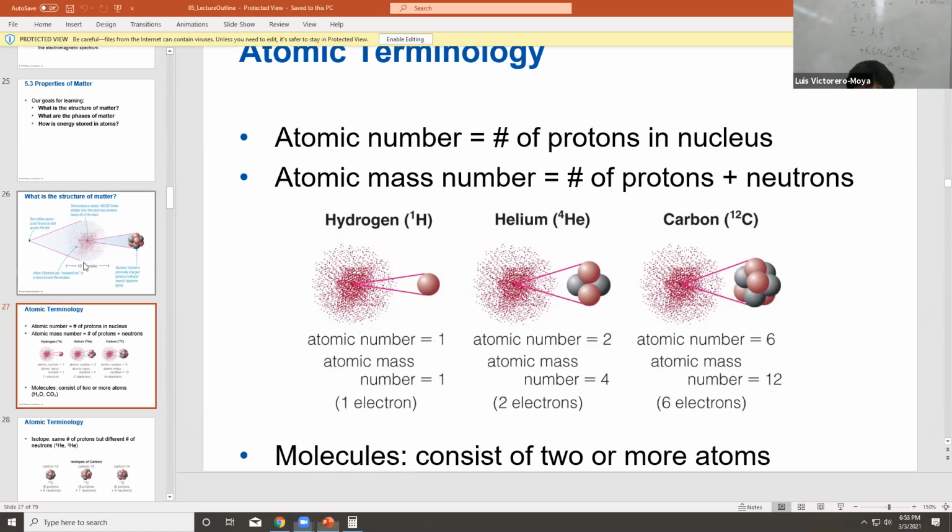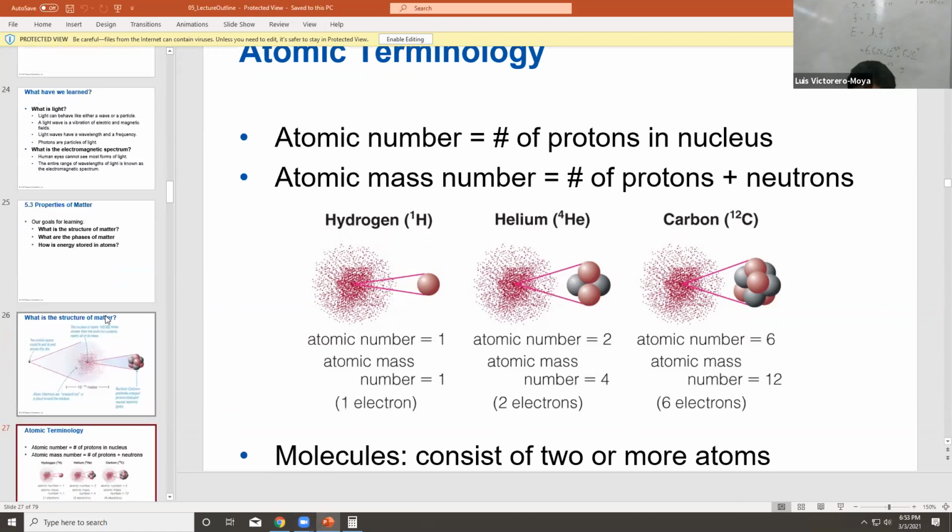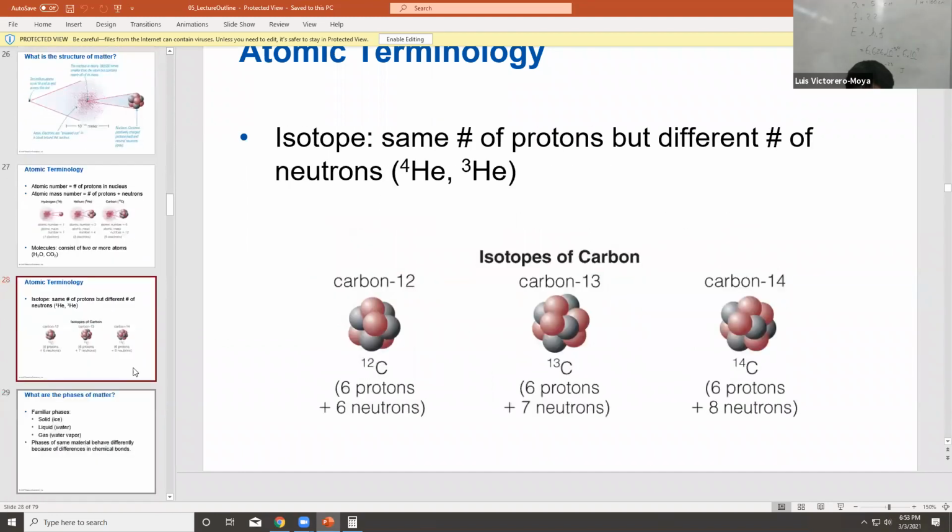What's an isotope? Who remembers what's an isotope of an atom or an element? Sort of, it is when you have the same element with different number of neutrons. So then obviously the atomic mass will change.